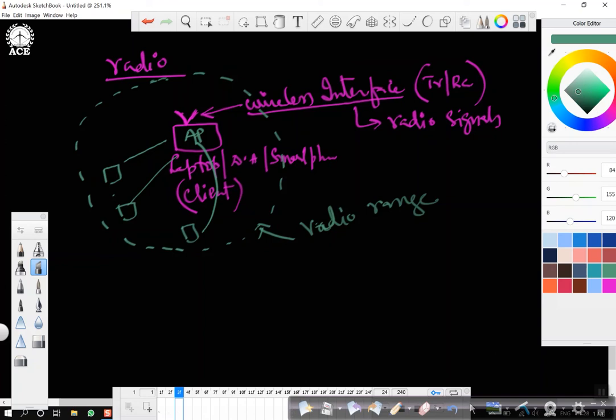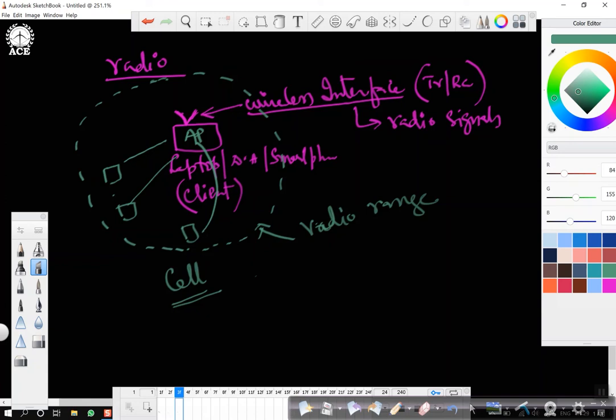If the transmission range of access points and laptops or other clients are adjusted properly, then this whole thing will become like a cell. The entire building becomes a cellular network or cellular telephony, where each cell has one channel and all stations in the cell share this channel, including the access point.